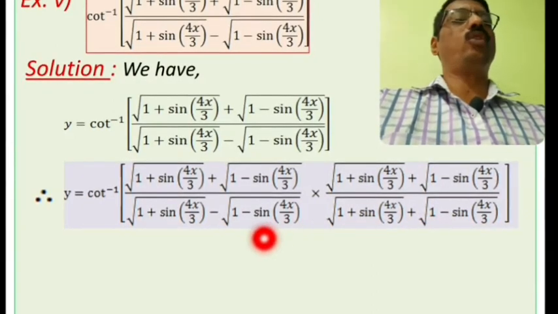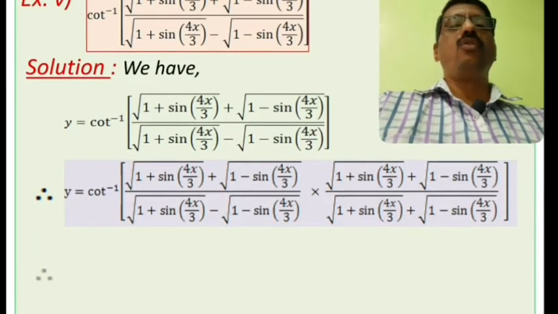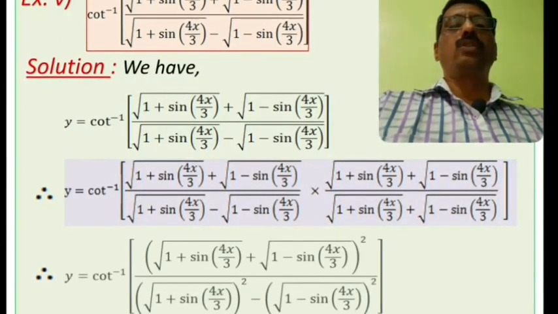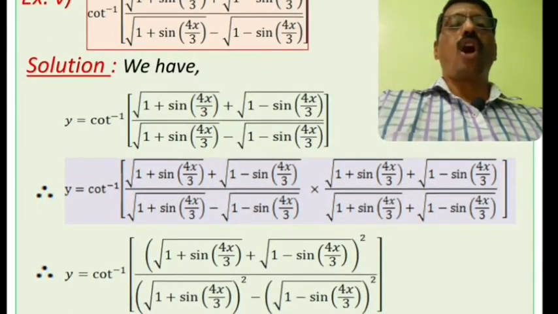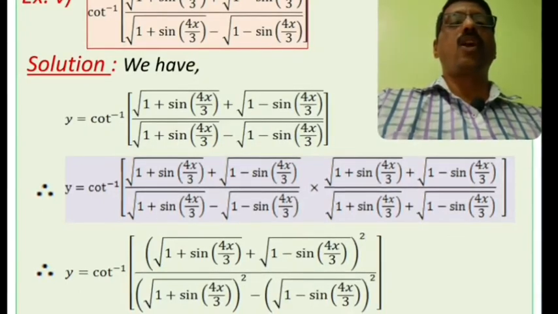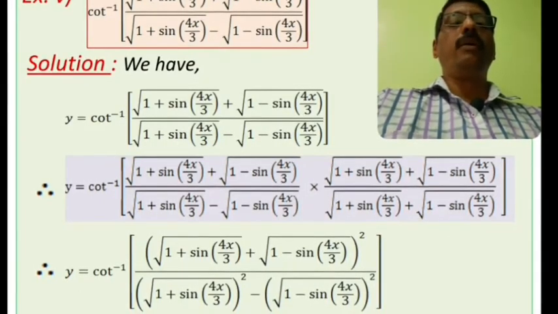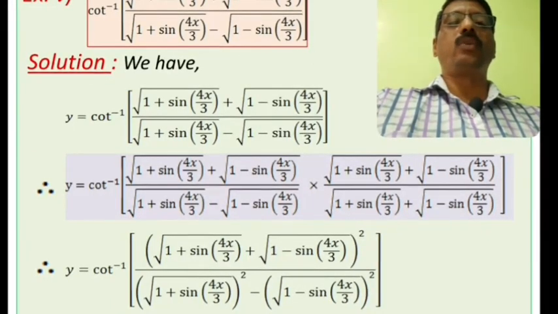This formula has to be implemented here, and therefore the next step becomes y equal to cot inverse of, in the numerator, bracket root of 1 plus sine of 4x upon 3 plus root of 1 minus sine of 4x upon 3 whole bracket square, divided by a square minus b square.